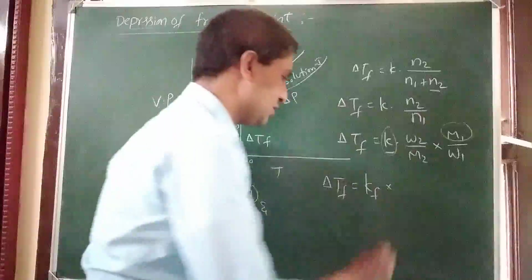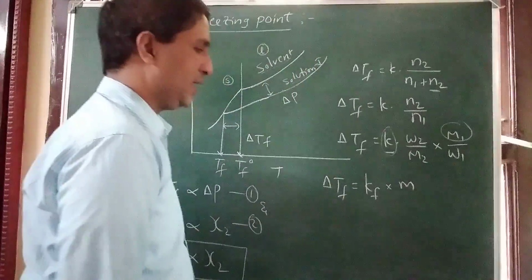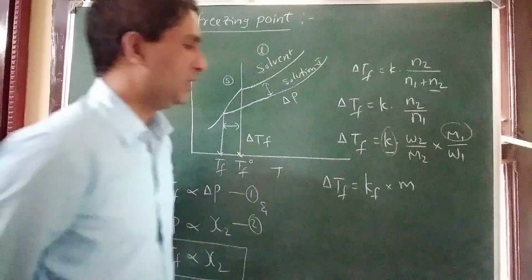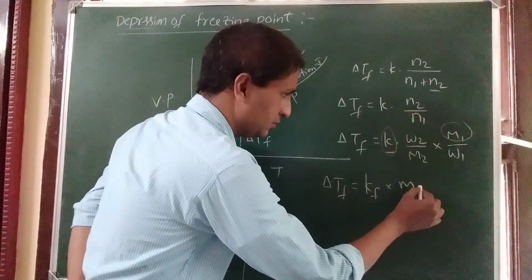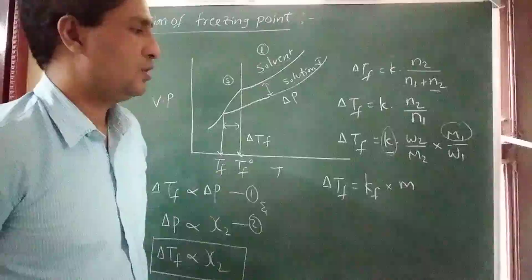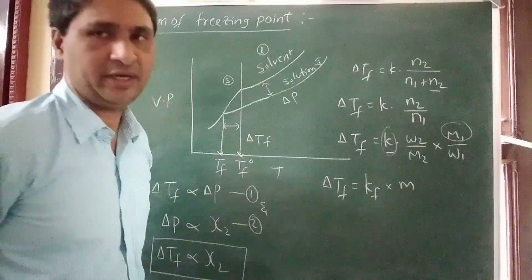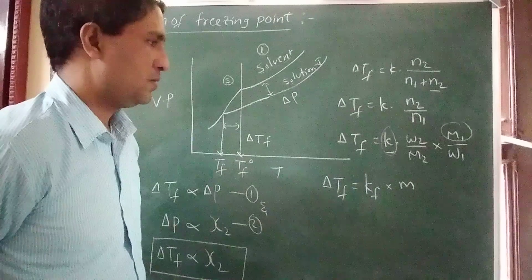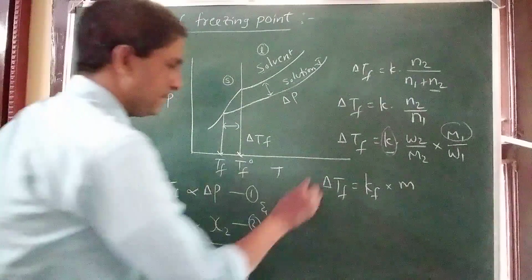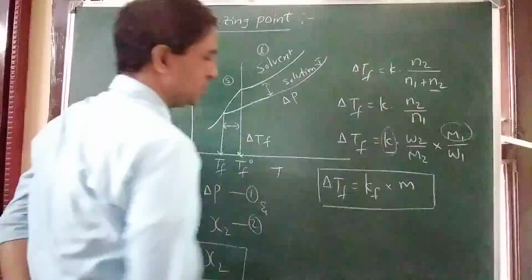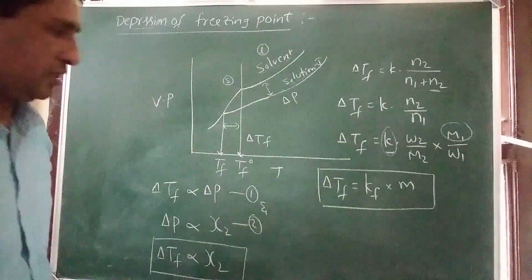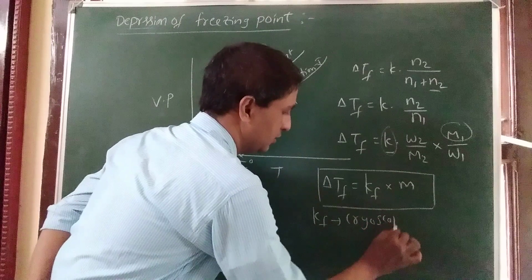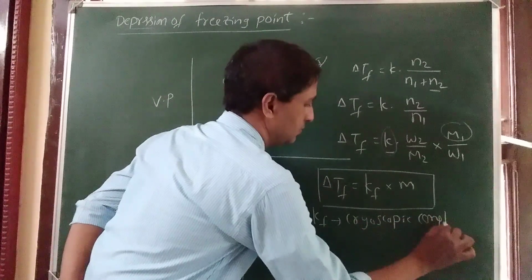If we take kilograms, then this is equal to molality. Suppose the weight of solvent is in grams, then we multiply by 1000. This new constant Kf is known as the cryoscopic constant.